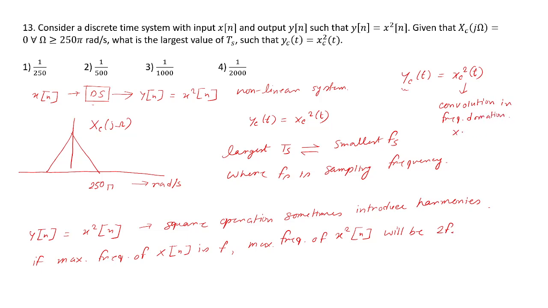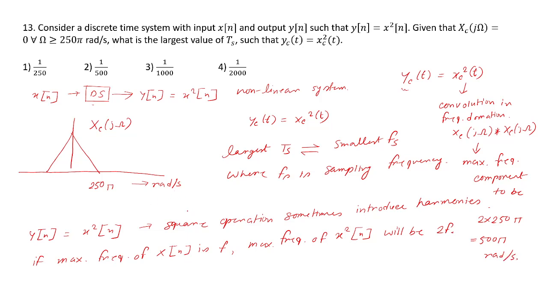That is, in frequency domain it becomes this, and the sign is convolution, and this convolution operation results into the maximum frequency component to be 2 times 250 pi, that is 500 pi radian per second.